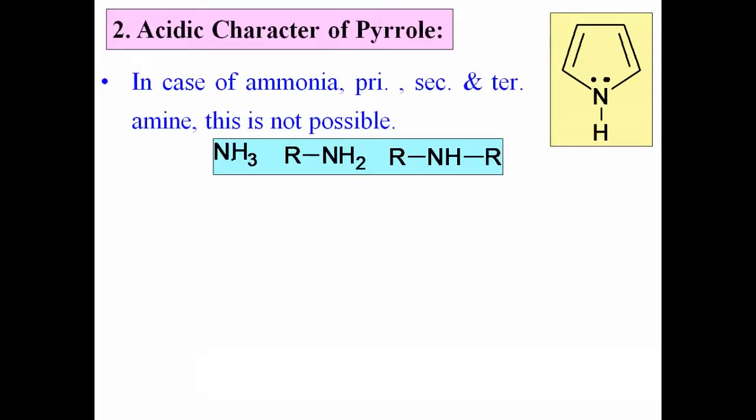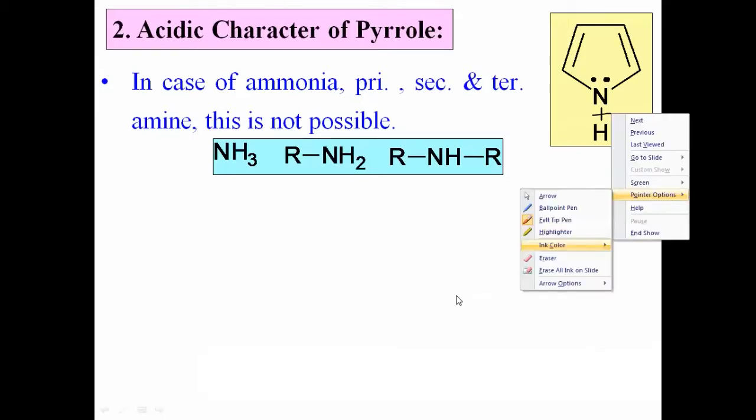They do not show any acidic character because the bond between nitrogen and hydrogen does not undergo breaking, so they do not lose a proton. But pyrrole can lose that proton, so the bond can break and the proton can come out. Hence pyrrole is a weak acid.